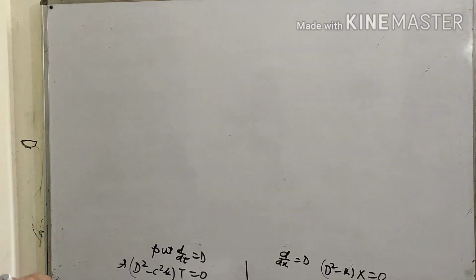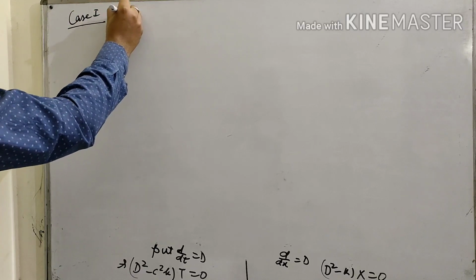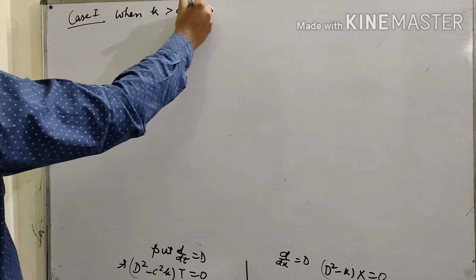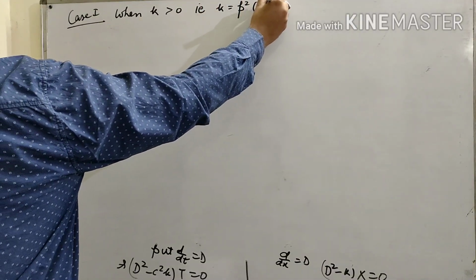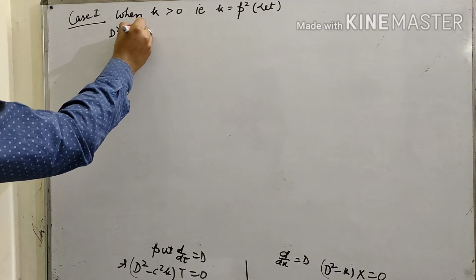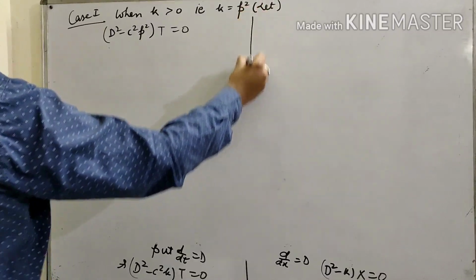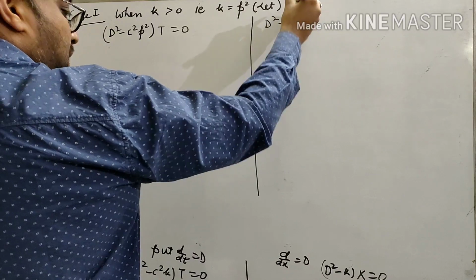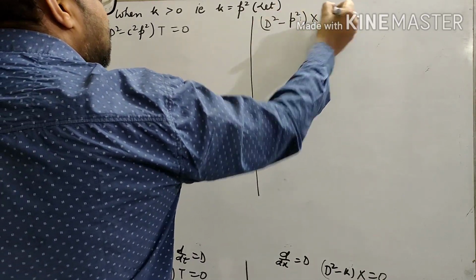Here three cases exist. So case first, when k is greater than 0, that is, k equals p square, then D square minus c square p square capital T equals 0, and D square minus p square capital X equals 0.